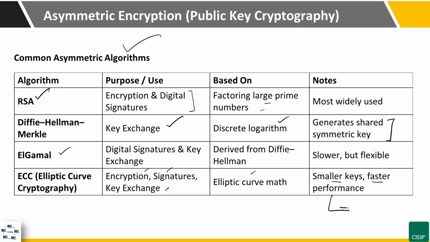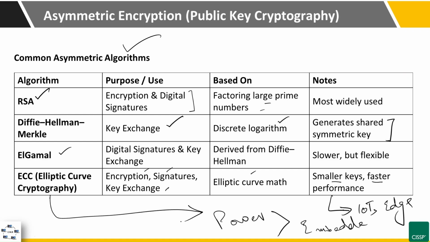As we studied in our previous slides, Internet of Things or edge devices, as well as embedded systems, have low resources, or you can say low processing power. So for these systems, it is recommended that you use ECC because they have faster performance with smaller keys.